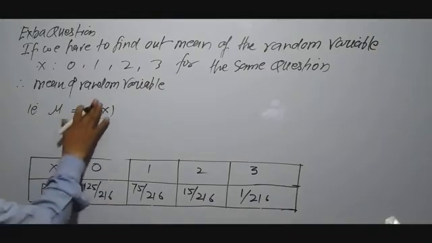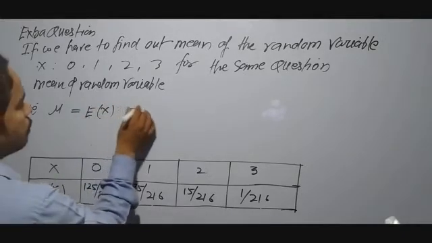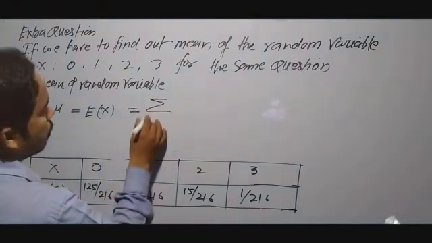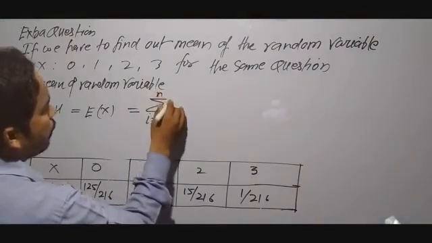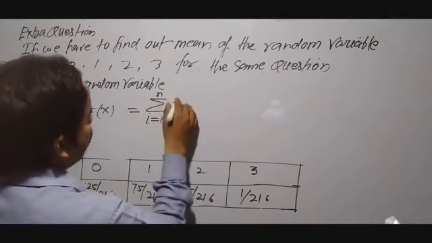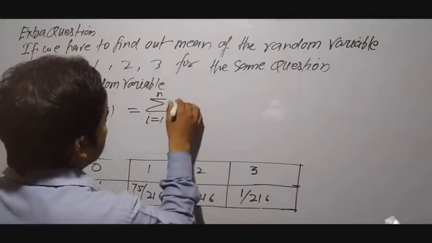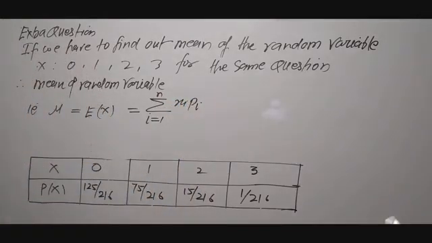This is the mean of the random variable, and you know its formula is the sum from i equal to 1 to n of p i x i, or x i p i. So this is x and this is p.